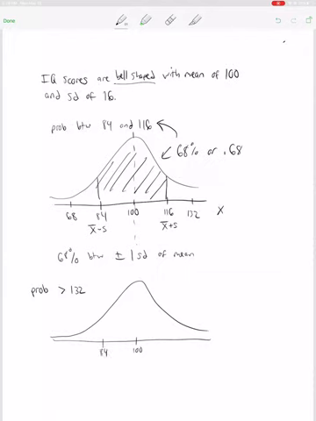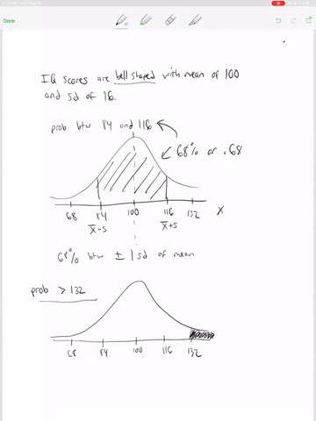Make believe that picture above is the same thing. We have 100, 84, 68, 116, and then 132. I want the probability of seeing an observation greater than 132. The question I'm asking is, of everyone who ever had an IQ score, the population, what percent is greater than 132?